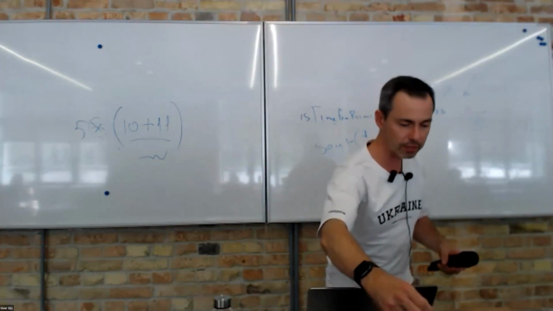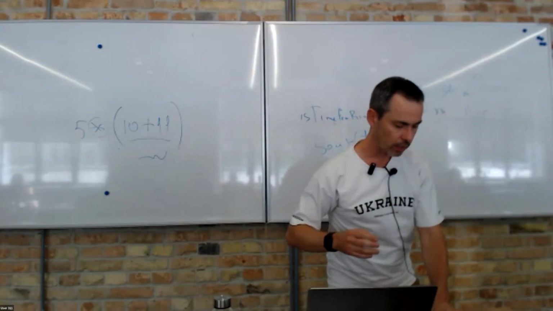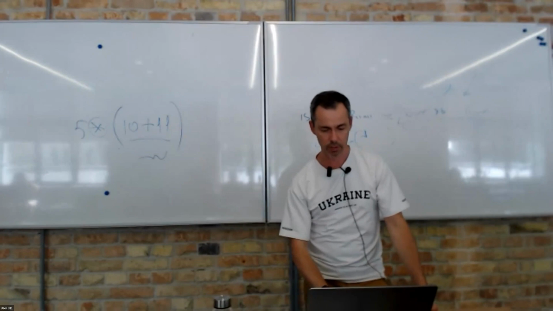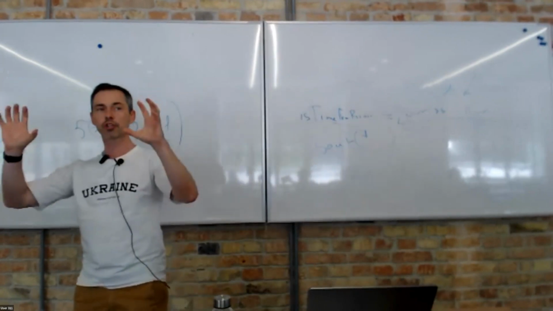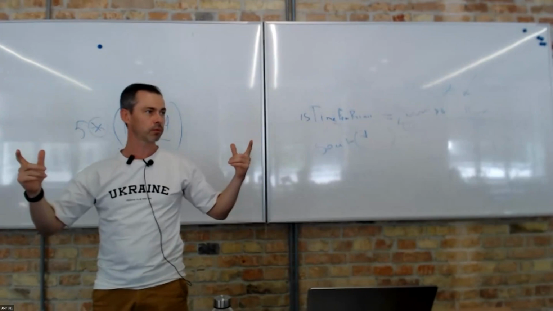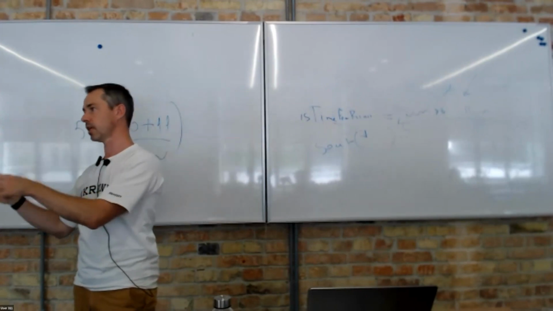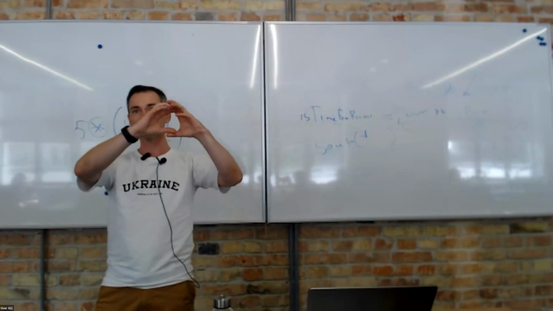But we could rebuild our logic in such a way that we have different results. So in that second variant, the first condition was, is it Saturday? Because it is not Saturday, there is no sense to check anything else. And this is exactly how Java works. It checks the first condition.